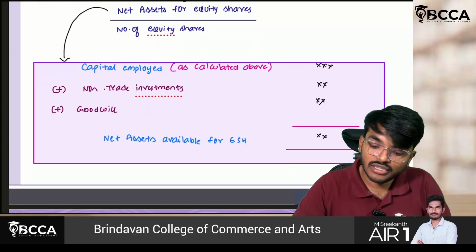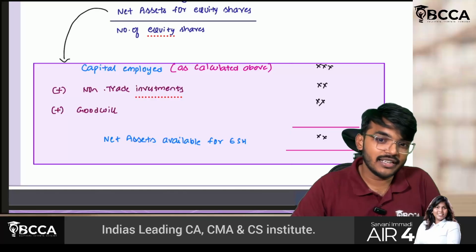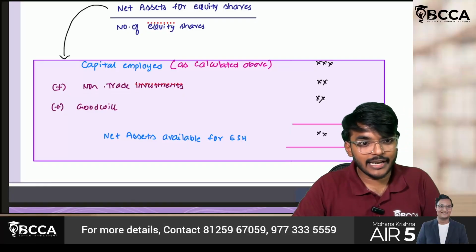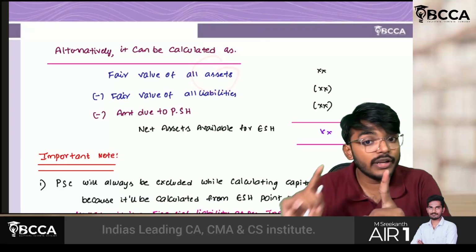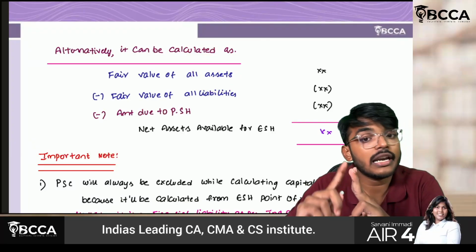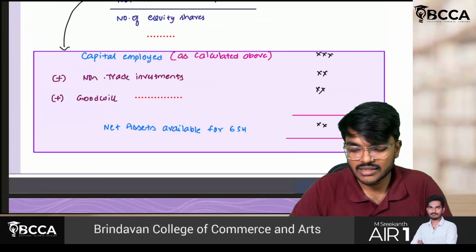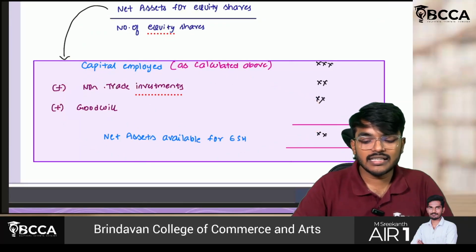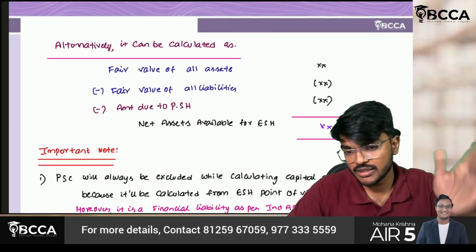Here, why I am not deducting that amount is that while calculating capital employed itself, I will anyway deduct the preference shareholders' funds. Here you have to take fair value of all assets, including goodwill, including non-trade investments also. Simply speaking, ignore this, just go with this. But if you are a student who wants a new formula, this is for you.